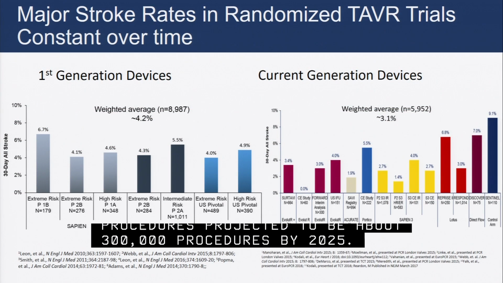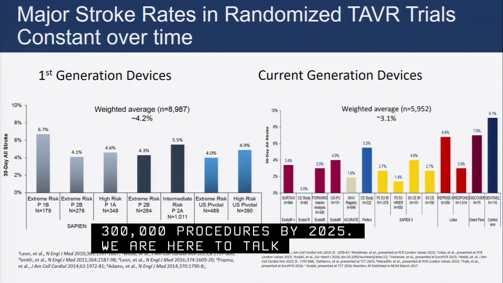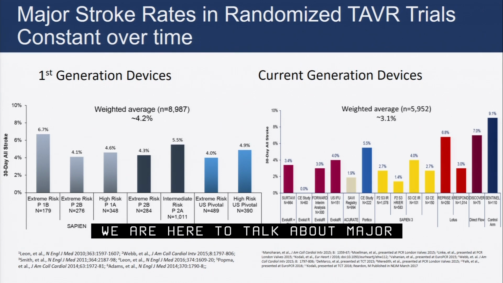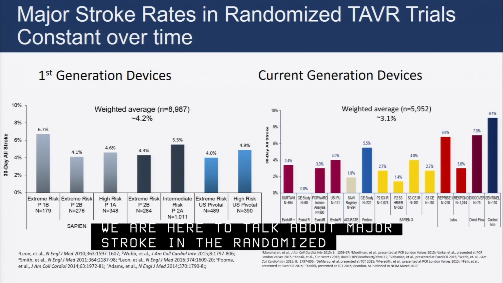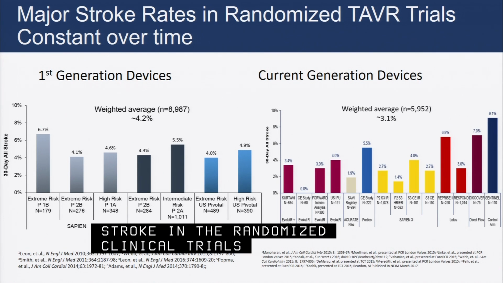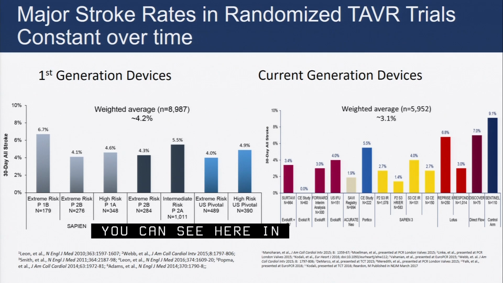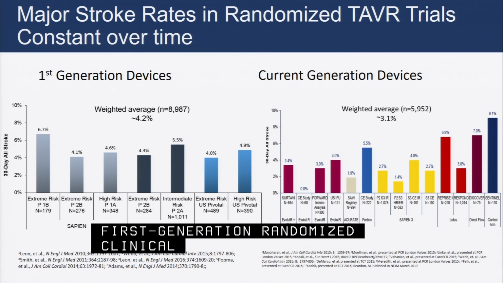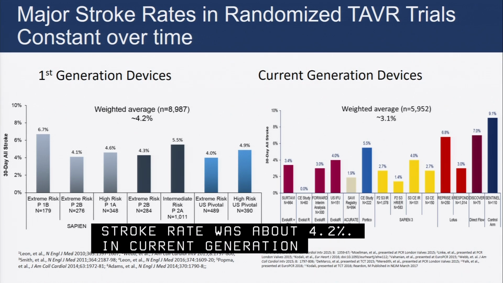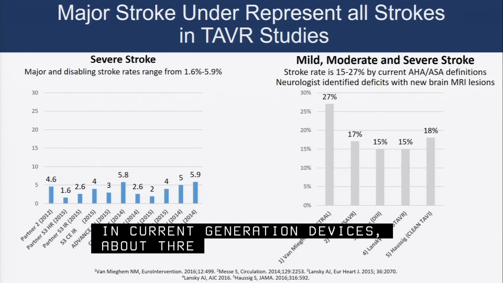Major stroke in the randomized clinical trials has been relatively constant over time. You can see here in first generation TAVI randomized clinical trials, the major stroke rate was about 4.2%, and in current generation TAVI devices, it's about 3.1%. So really not much change over time.